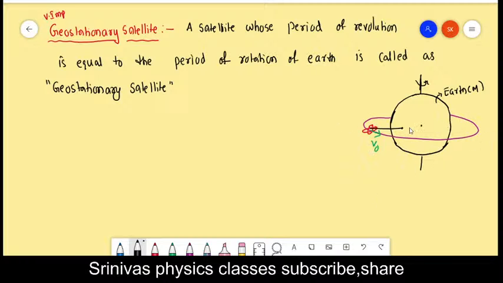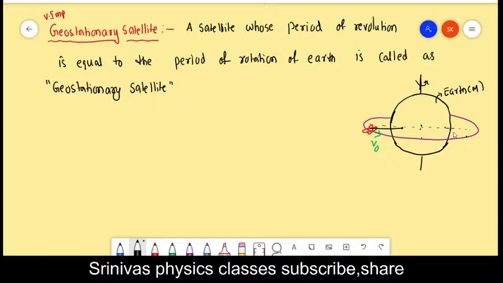This is the geographical axis, and the plane in which the satellite revolves around the earth is the geographical plane. From here, if you observe, the satellite appears here. From here also, the satellite appears here. That means the satellite always appears in front of you.